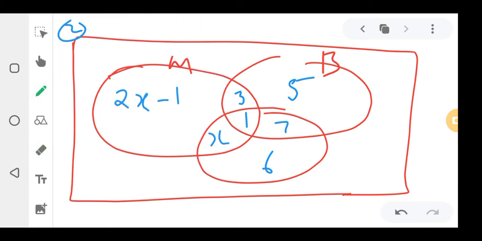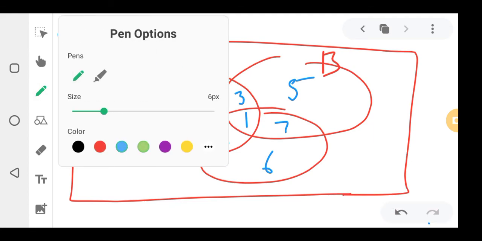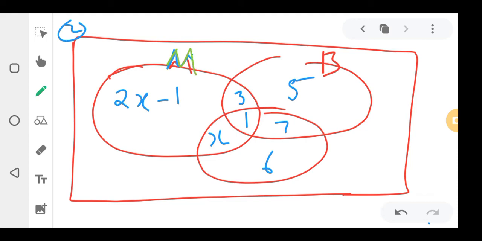Just understand the principles. So this is mathematics, this is biology, and this is science.